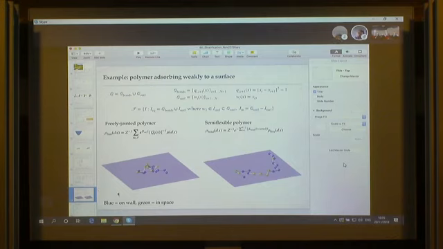Okay, here's another example. Some scientists are interested in polymers that stick to surfaces. And if they stick only to surfaces, then they can bind and they can unbind. So we created the stratification by making a polymer with fixed bonds, just a string of beads, as you can see here.